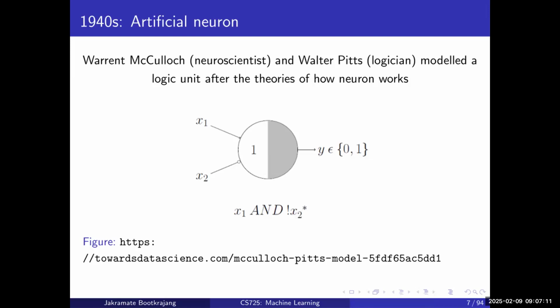They only had mathematics or maybe medicine. So we have a neuroscientist and a logician. So what is a logician? It's basically people who build logic gates, right? You are studying engineering, so you have probably done some logic gate building before, and they modeled a logic gate after a theory of how the neuron works.